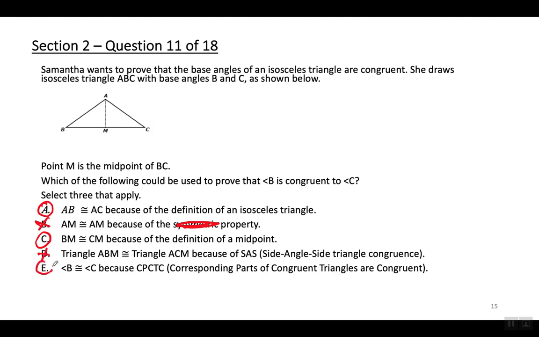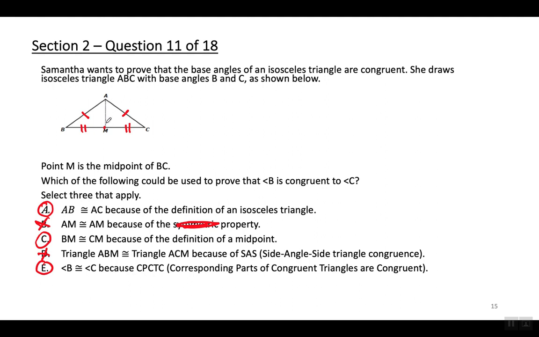Let me explain why. Okay, first of all, if you follow what we've been proving, it said in the question that this side is congruent to this side. And also, since this is the midpoint, letter C tells us that this side is congruent to this side. And even though letter B is wrong, if it would have said the reflexive property, segment AM is in fact congruent to itself. Okay?